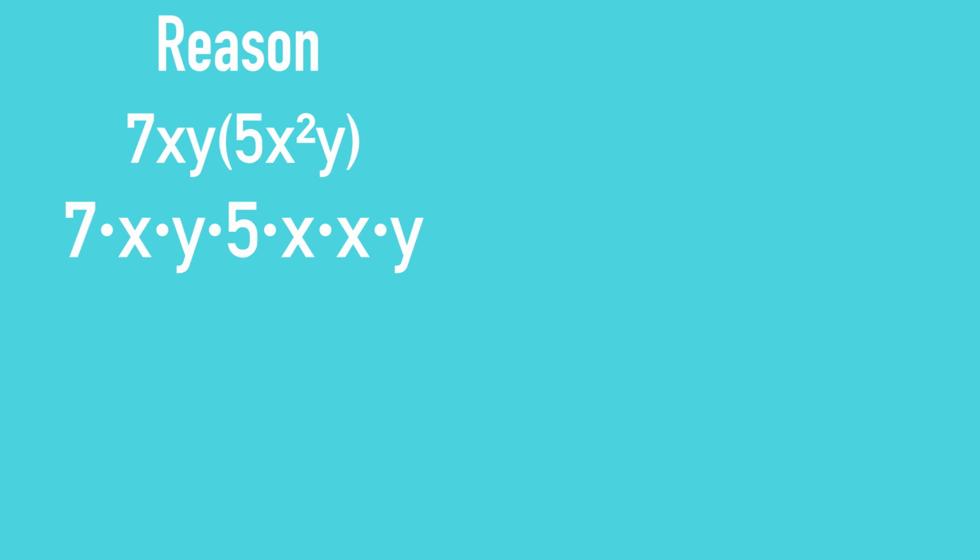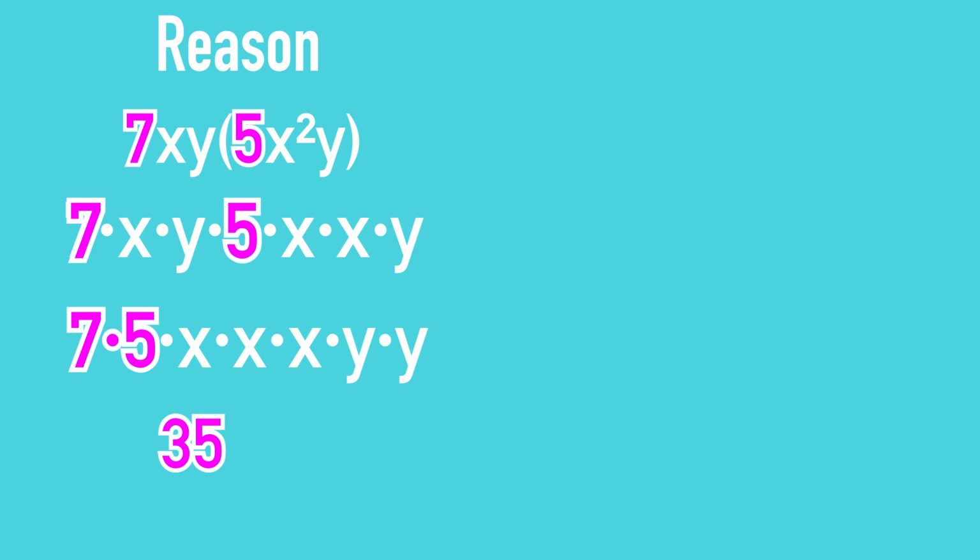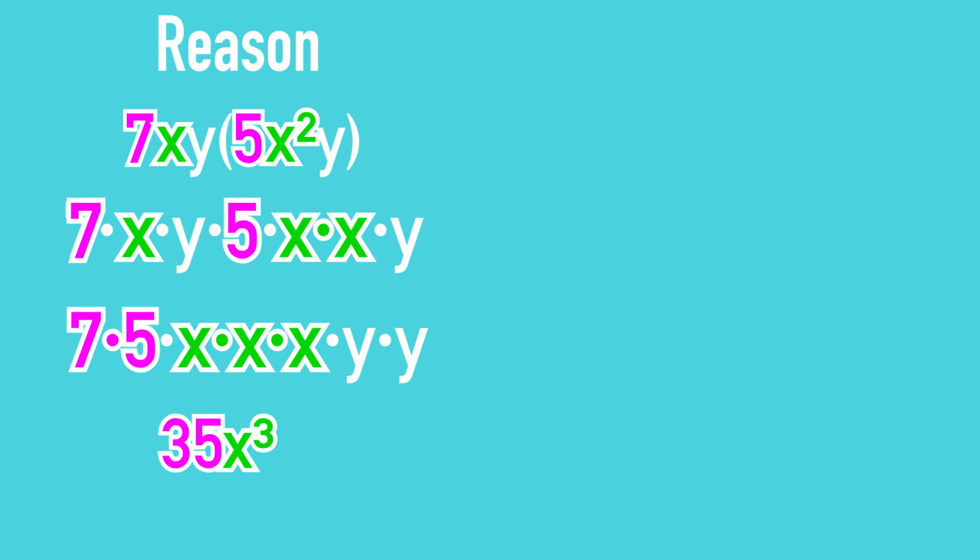Now say we multiply 7xy times 5x squared y. This could be rewritten as 7 times x times y times 5 times x times x times y. Using the commutative property, we can rearrange to get 7 times 5 times x times x times x times y times y. 7 times 5 gives us 35. When we brought together the two groups of x's, we got x times x times x, which is equal to x to the third.